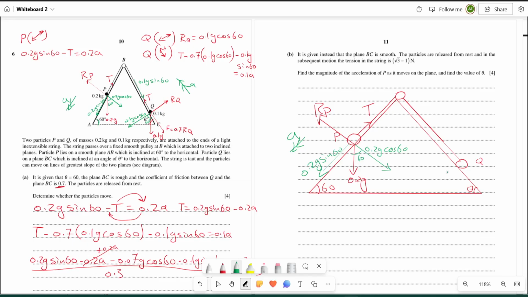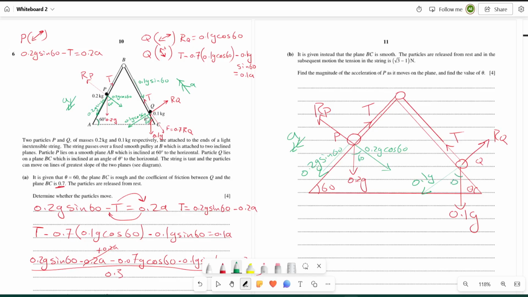Now for Q, we're going to have the weight straight down, which is 0.1 g. We're going to have the tension value. We're going to have RQ, and basically that's it. We're not going to have friction like in the previous question. So let's resolve the weight component of 0.1 g.